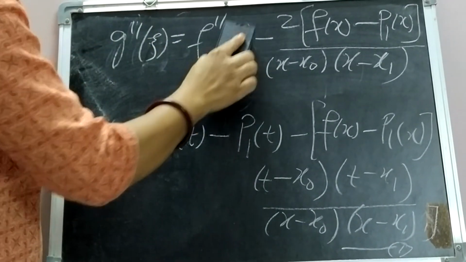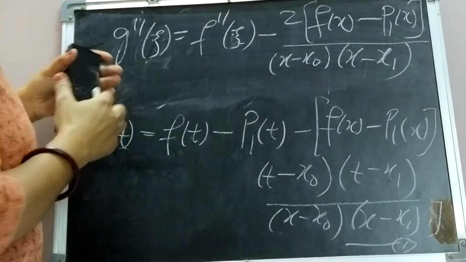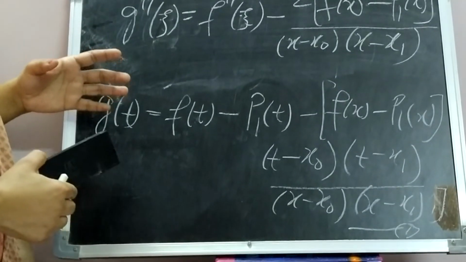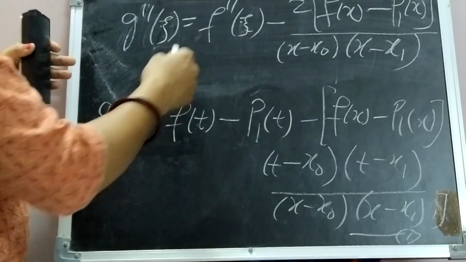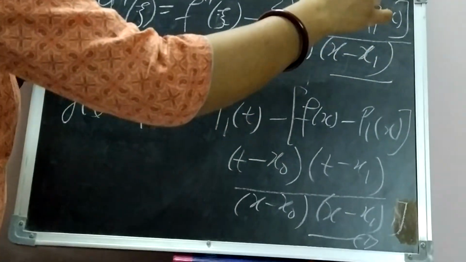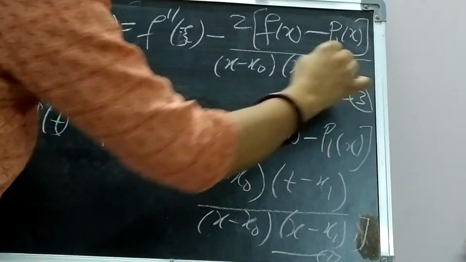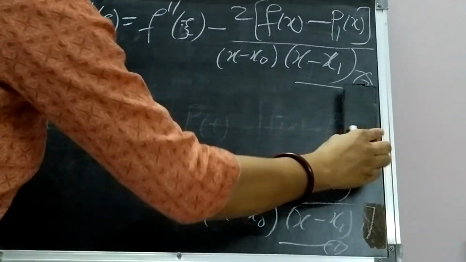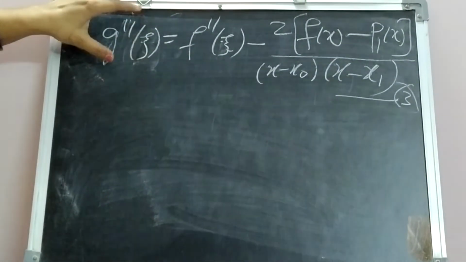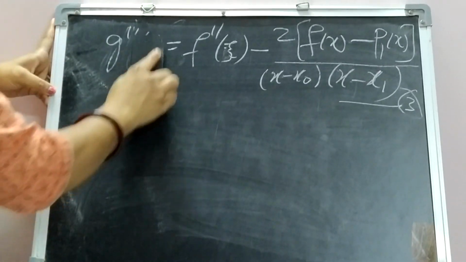So this t is also xi, and the rest of the things will be as they are. Let it be equation number 3. Now solving 2 and 3, since this was equal to 0, we will substitute this simply as equal to 0.